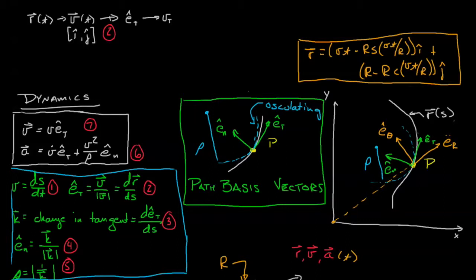This is basically looking at equation 7. Or if we wanted to find the acceleration, we could do basically the same thing using equation 6, and that would give us the tangential acceleration.